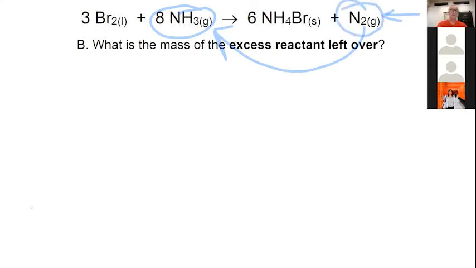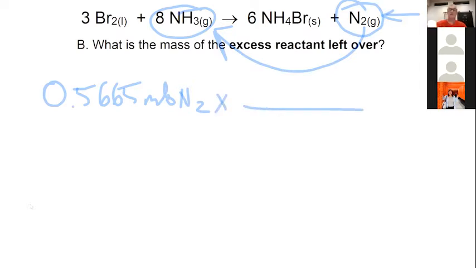So I'm going to need the amount of moles of nitrogen that were made. I go back to the previous question and I see it was 5.566 moles of nitrogen. That's how much was made. Now I convert that to moles of ammonia because I want to know how much ammonia was used in making it. And we can see there's 8 moles of ammonia for every 1 of nitrogen.